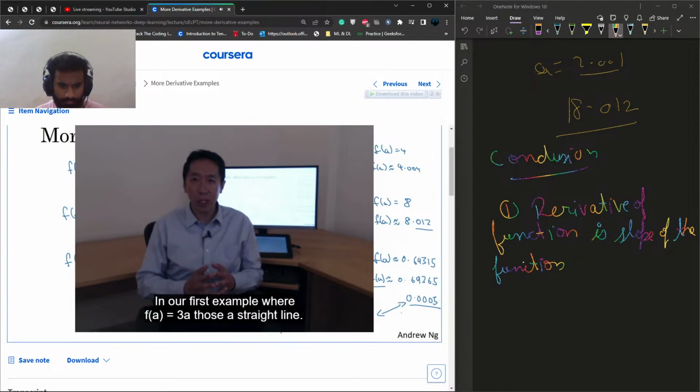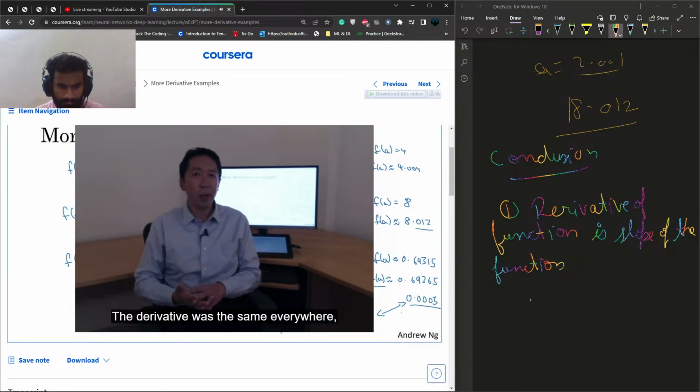In our first example, where f(a) equals 3a, that was a straight line, the derivative was the same everywhere, it was 3 everywhere.